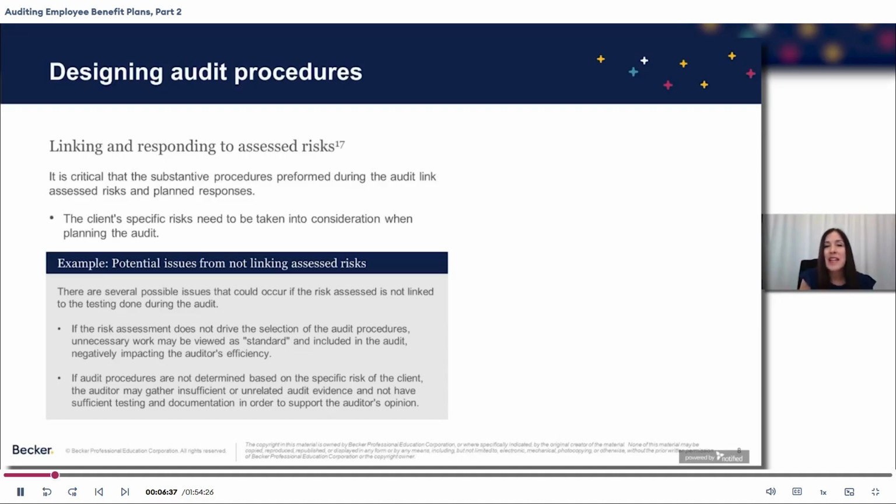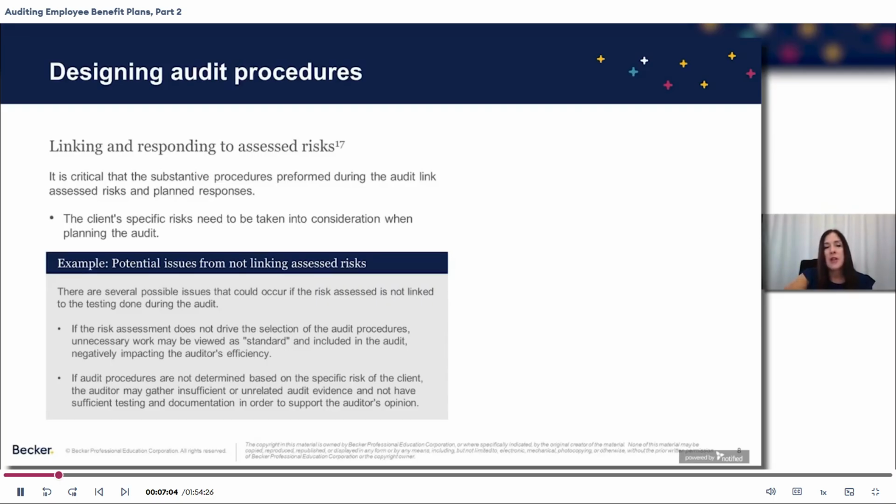That's going to have a negative impact on the overall efficiency of the engagement. Now, the flip side of that is if the audit procedures are not determined based on the specific risk for the client, then you may be gathering insufficient or unrelated audit evidence and then not have sufficient testing and documentation in order to support the opinion. So this can go both directions.